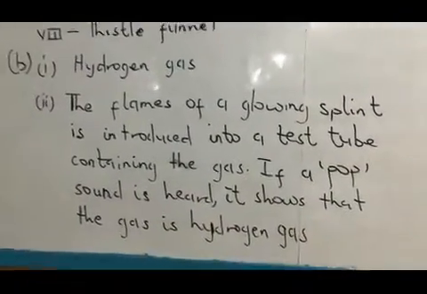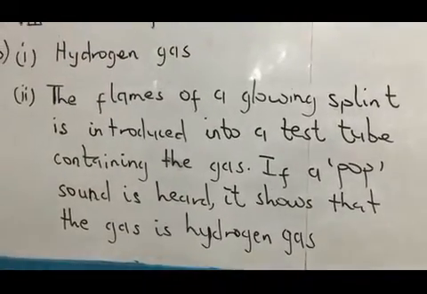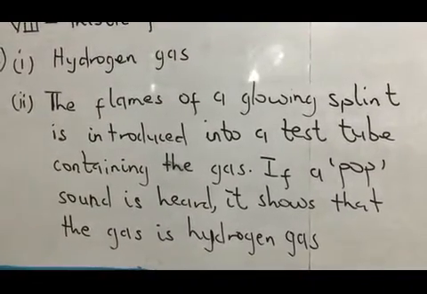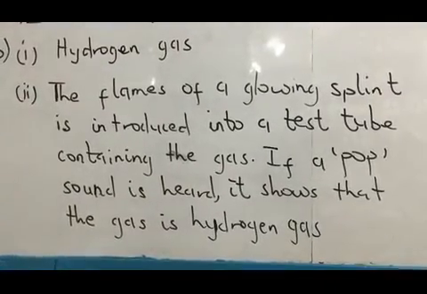Okay, so that is how you test for hydrogen gas. You introduce the flame of a glowing splint into a test tube containing the gas. If you hear a pop sound, then it shows that the gas is hydrogen gas.